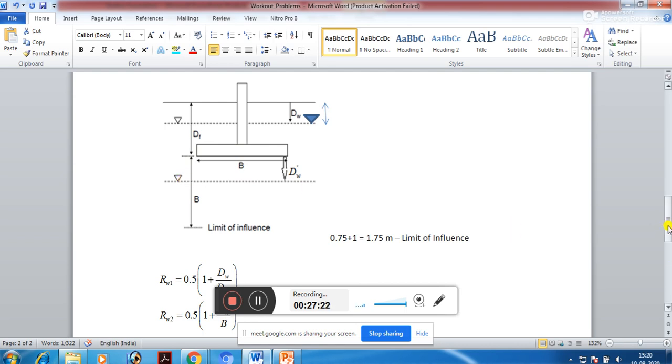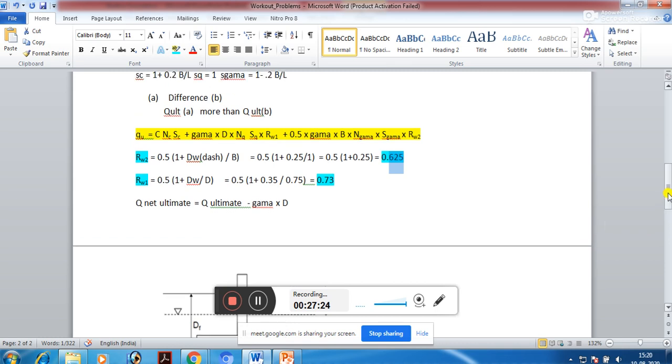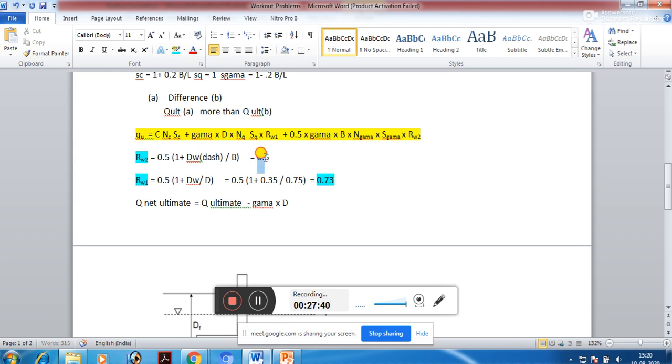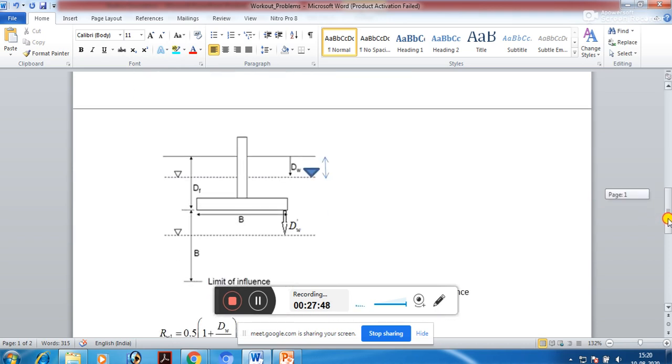So when it is totally submerged, this factor is not to be considered, and this value RW2 is going to be equal to 0.5. Have you got it? If you have any doubt, you tell me. Why is it 0.5? You understood?